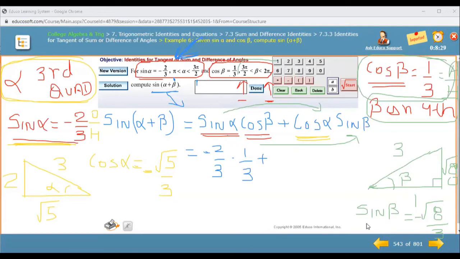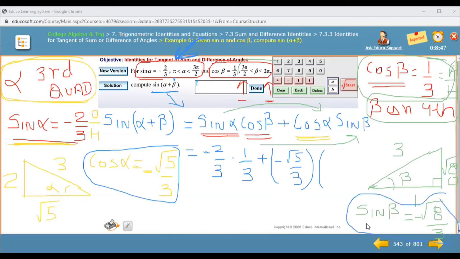Cosine alpha is what we calculated here, negative radical 5 over 3, and sine beta is the one that we calculated right now: negative radical 8 over 3.